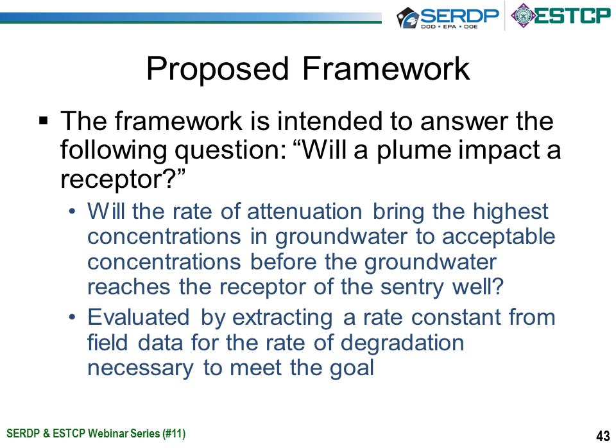And that's defined by the regulators. And then we turn that will it impact a receptor into an engineering question. Is the rate of attenuation going to bring the highest concentrations on site to acceptable concentrations before it gets to the receptor? And that's done using a computer model to extract rate constants from the field data to see what rates would be necessary to make M&A protective.